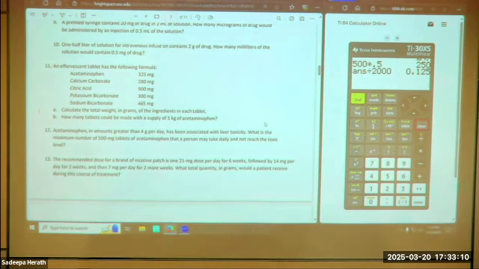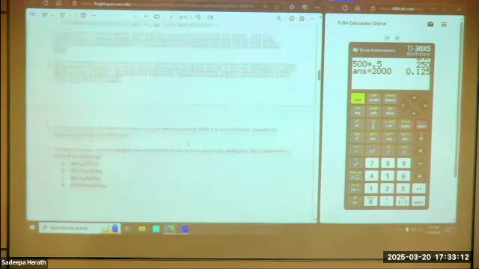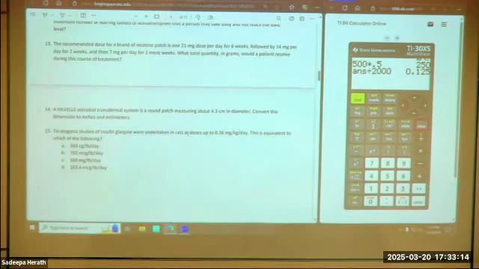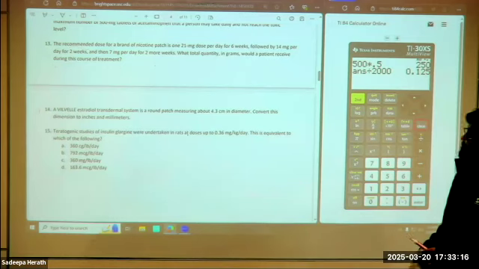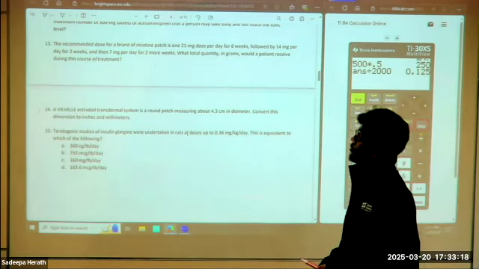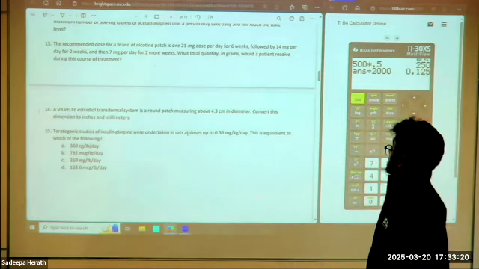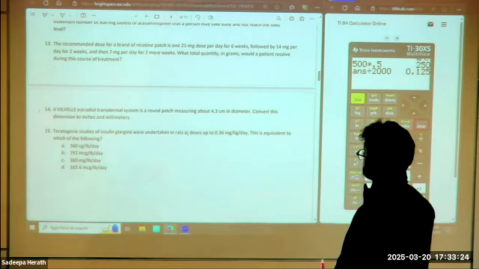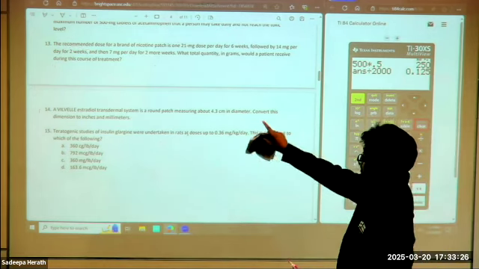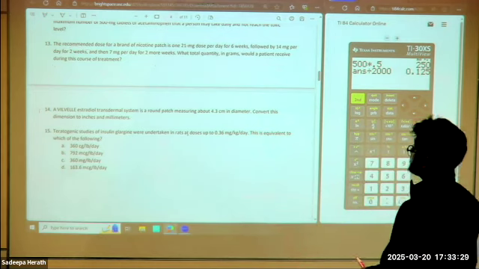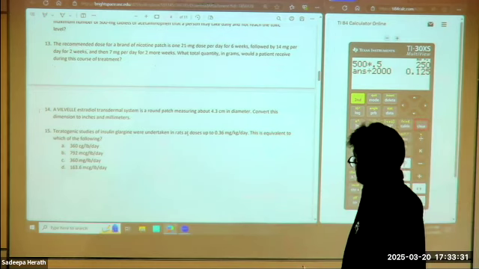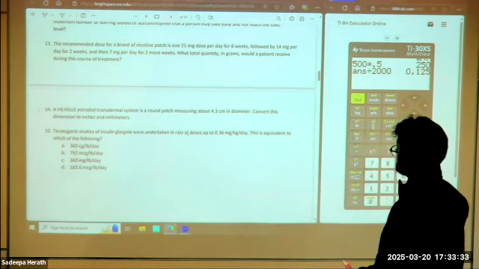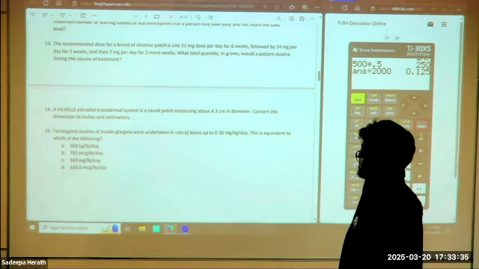Okay, last question for chapter 2. The recommended dose for a brand of nicotine patches is a 21 milligram dose per day for 6 weeks, followed by 14 milligrams per day for 2 weeks, and then 7 milligrams per day for 2 more weeks.